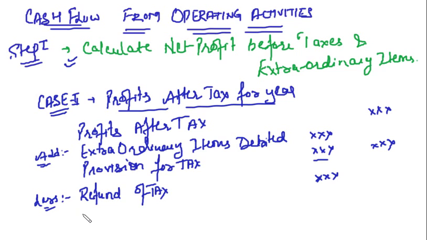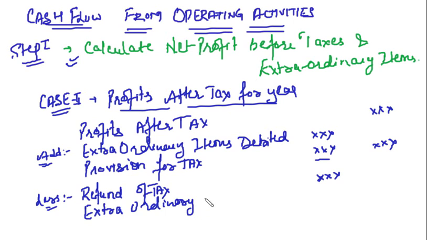What else can we subtract? Here I told you if there is an extraordinary expense, we will add back. But if there is an extraordinary income, we will subtract that. What is an extraordinary income? Due to the floods, your stock was lost.